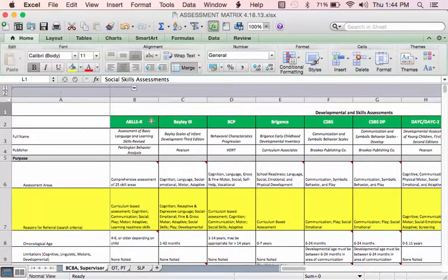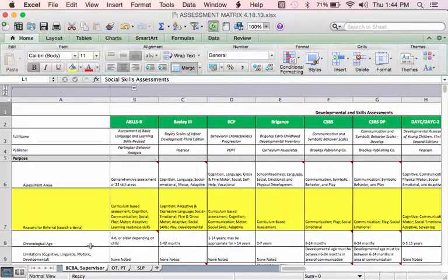This is the ABLS, and it's an assessment of basic language and learning skills. The publisher is Partington Behavior Analysts, and this is an assessment tool that evaluates 25 skill areas. And the kind of assessment it is, it's curriculum based, and it measures cognition, communication, social behavior, play behavior, motor skills, adaptive skills, and it's appropriate for individuals that are typically 4 to 6 years old.